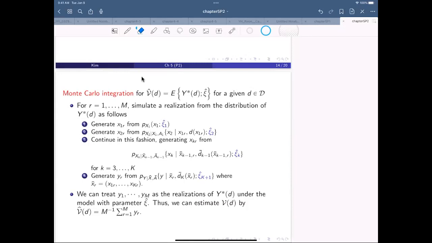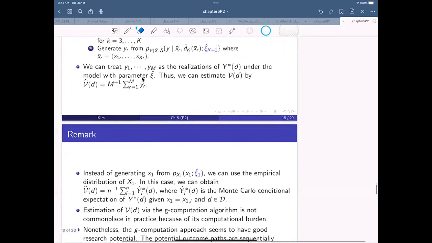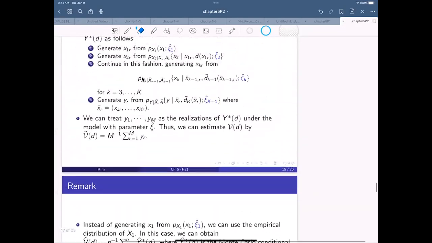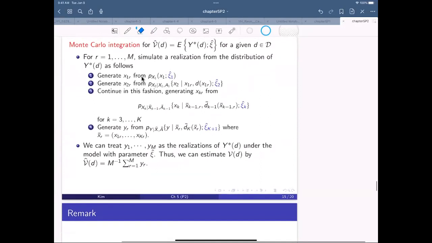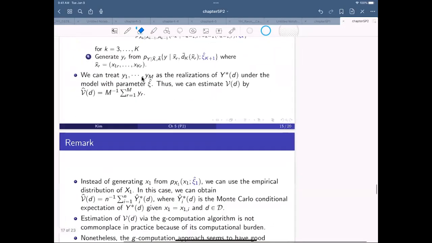This Monte Carlo sample gives the right probability to all the possible paths, so that you can average them in the end.